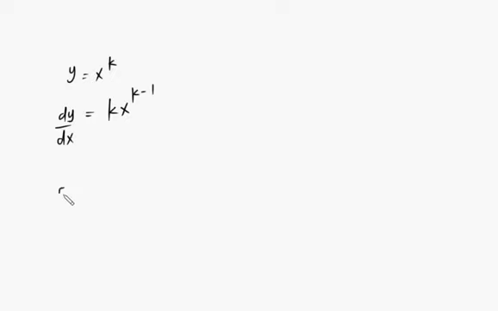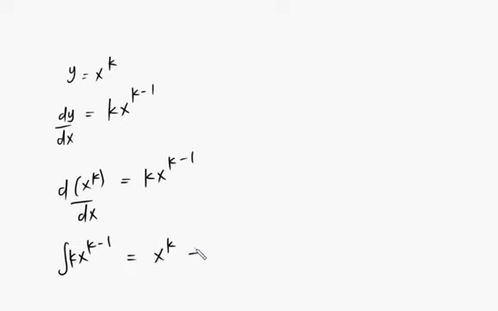So when you differentiate that x power k with respect to x, you get k x power k minus 1. What have we said? When you integrate this derived function, you get the original function plus c. Now we are going to study how to integrate polynomial expressions.